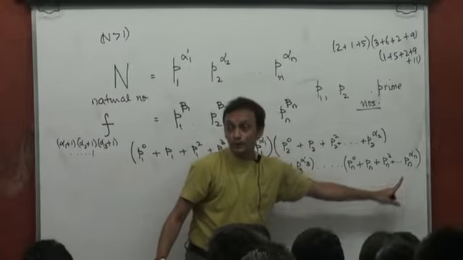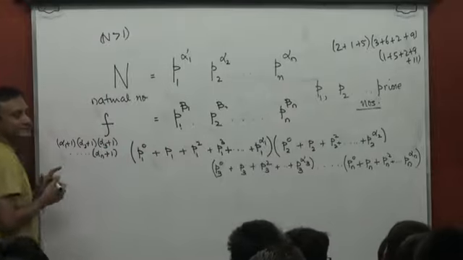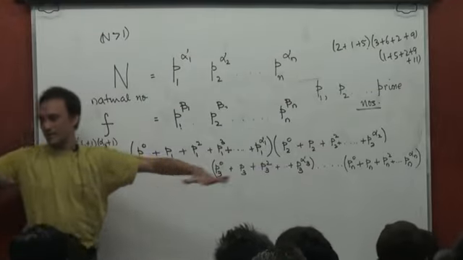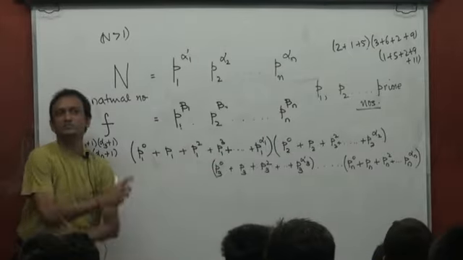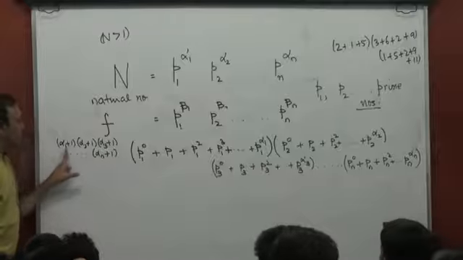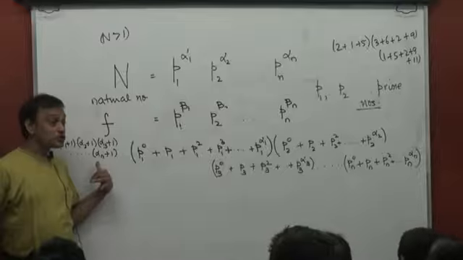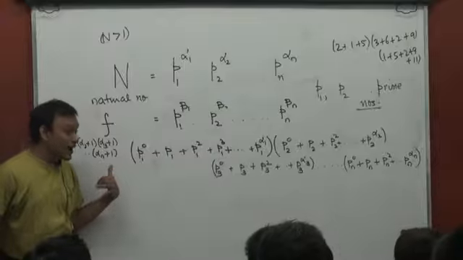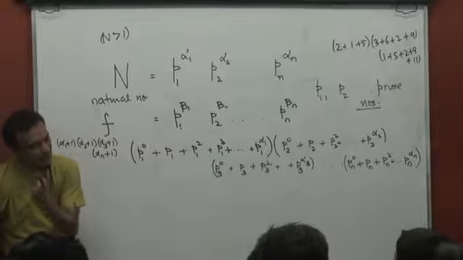Alpha n plus 1 terms. One thing for sure, the total number of terms produced when you multiply the whole thing and spread the terms out would be this. But do you realize that this is the total number of factors f of n? This is also the total number of factors f of n, yes or no? You know what I'm saying?